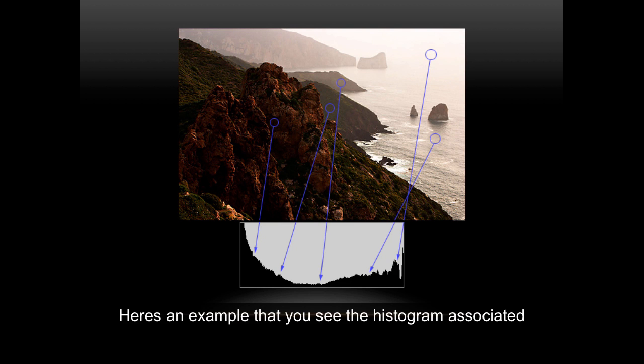Here's an example where you see the histogram associated with a photo, and they have marked the associated pixel counts with certain areas on that photo. So there's no real ideal histogram. There's nothing that we can say, okay, this is the model histogram, let's make all our photos look like this.